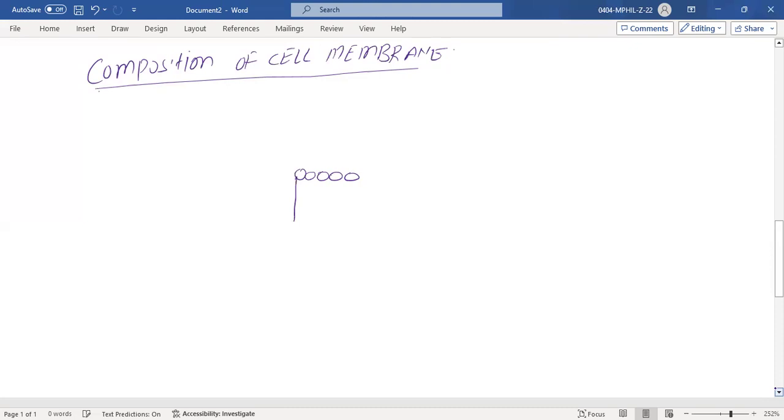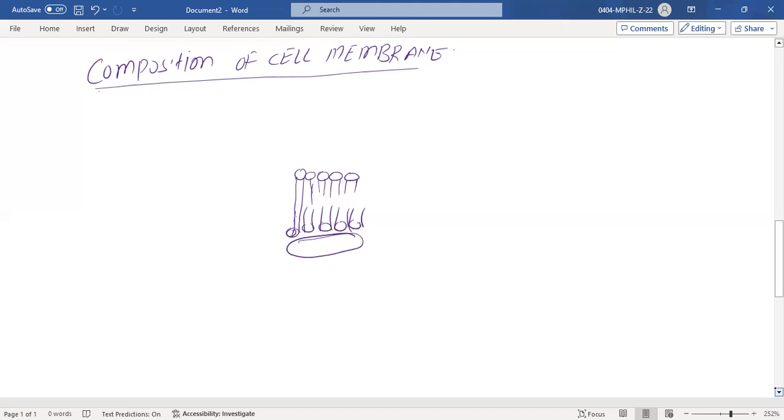Like you have a structure, like this. There you have some proteins which are arranged inside of this.